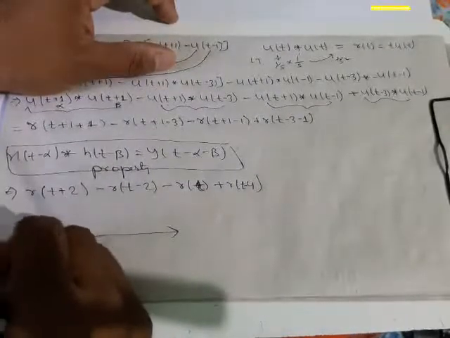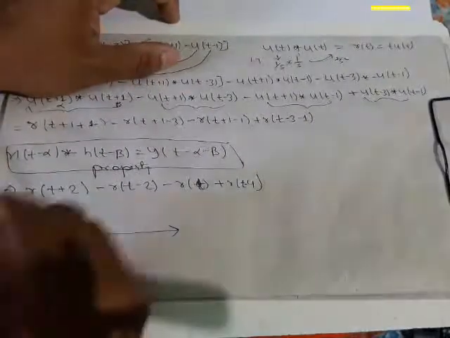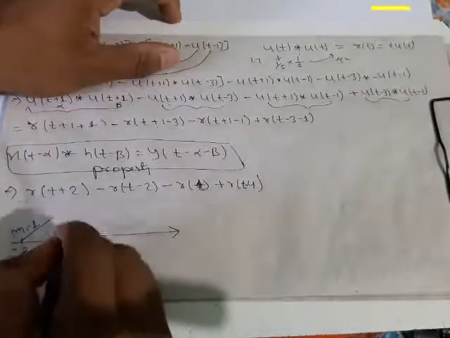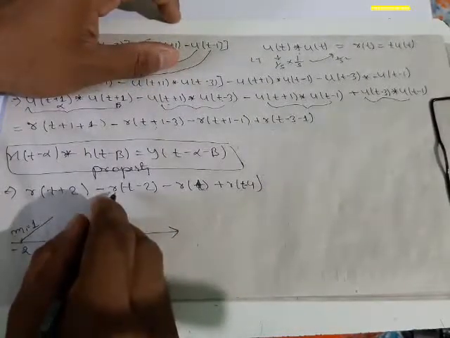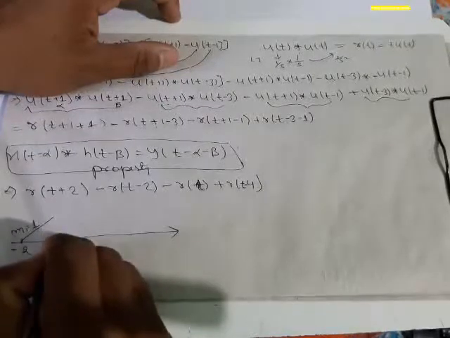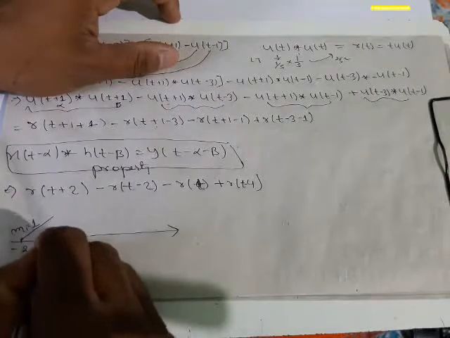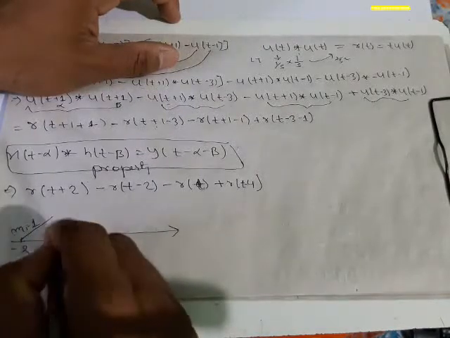The 2s cancel out, so it is 4 plus 4, that is 8. So we conclude that the area of the signal is 8.